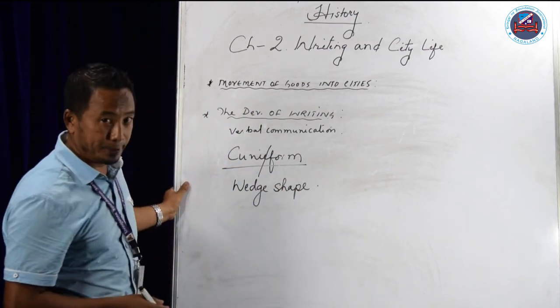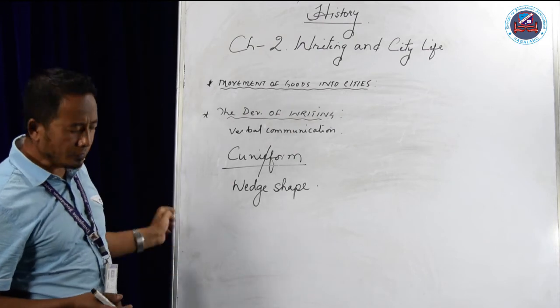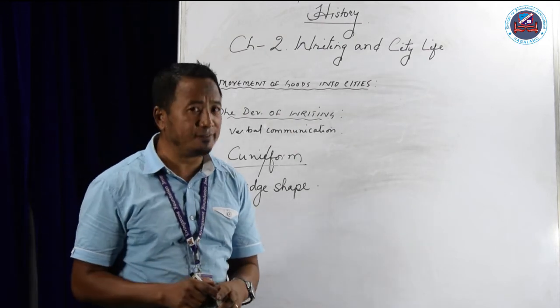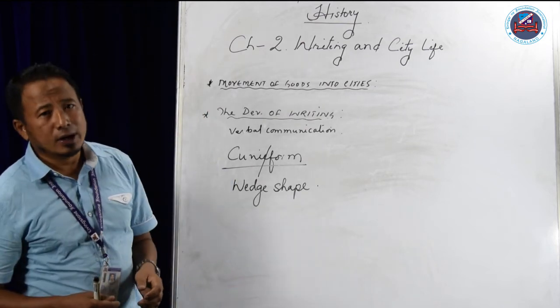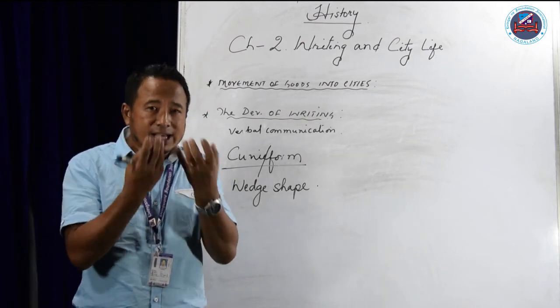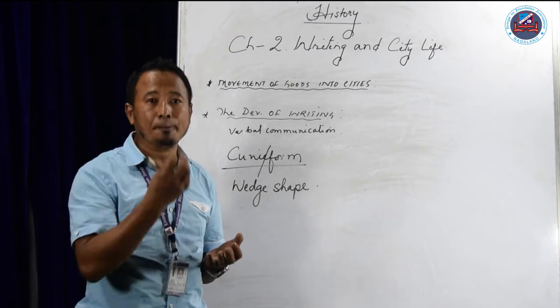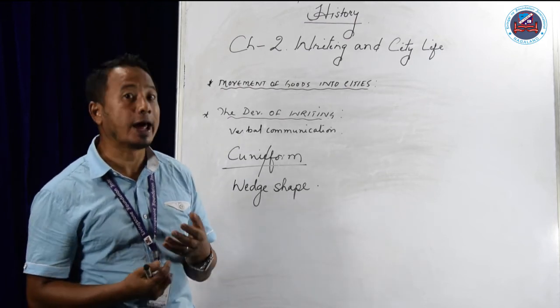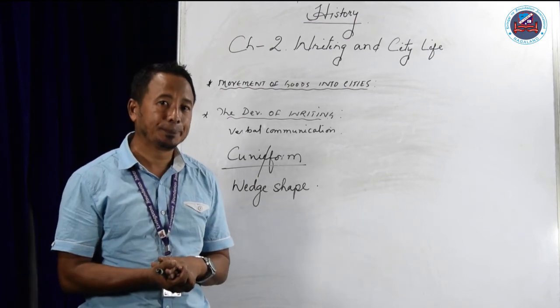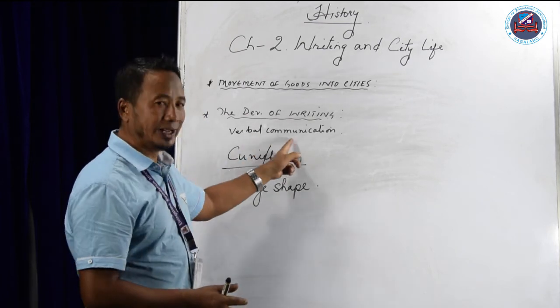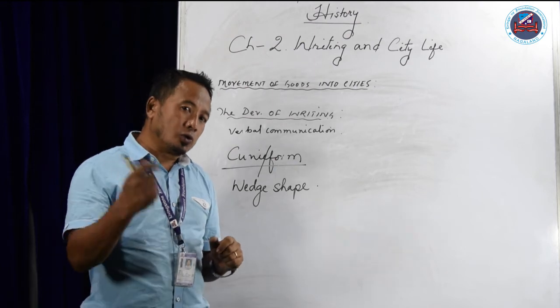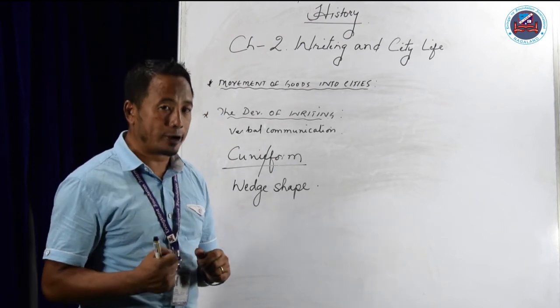Wedge shape, cuneiform. See, every society has language. A certain sound that we produce from our mouth conveys meaning. So this is called verbal communication. So is writing a verbal communication or not?